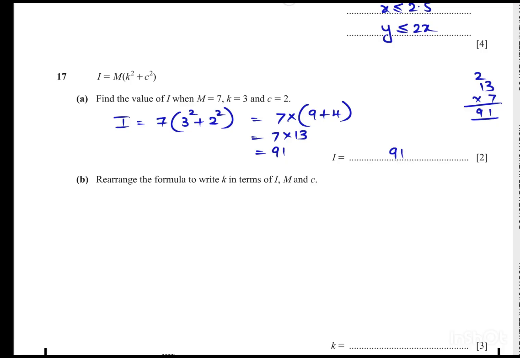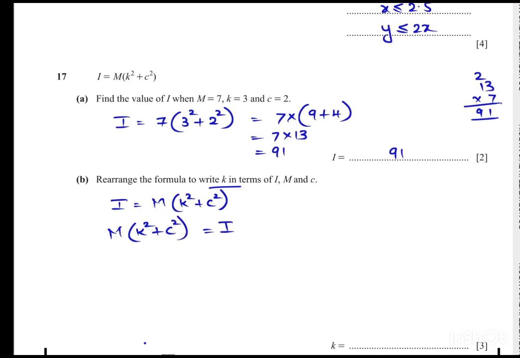Question B. Rearrange the formula to write k in terms of I, m and c. Here you have to change the subject, and the subject is k. First write the original formula. Because the subject is k, bring the k part onto the left hand side. It will be easier to transpose the things.